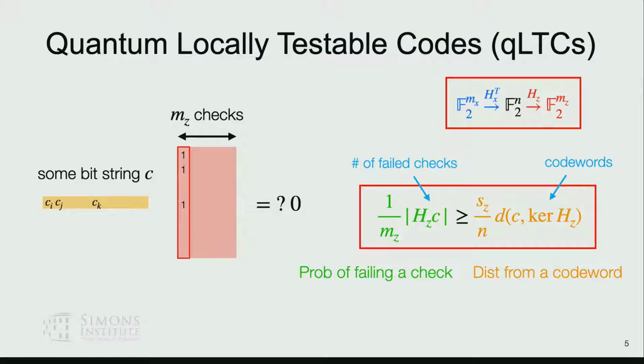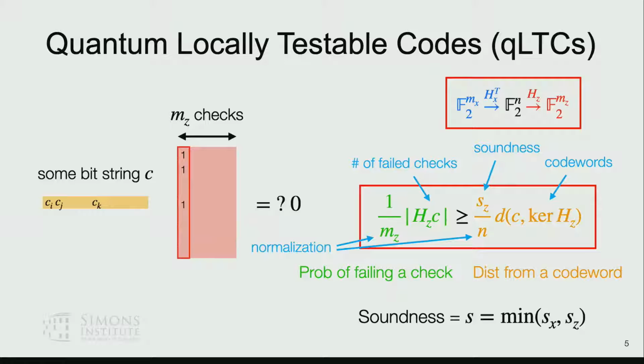This d(C, code) is the distance of C from the closest codeword. Here, m and n are just normalization factors. And finally, this s is the soundness parameter. So whenever your H satisfies this kind of inequality, we say that this matrix has local testability. And for quantum codes, we want both Hx and Hz to have this property, so the quantum soundness would be the minimum among the two.